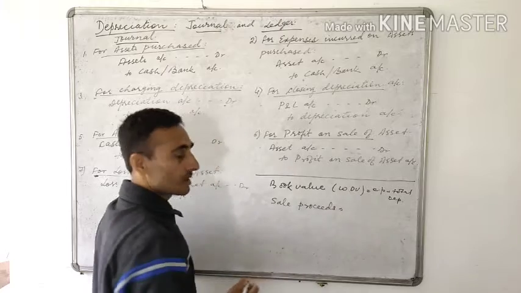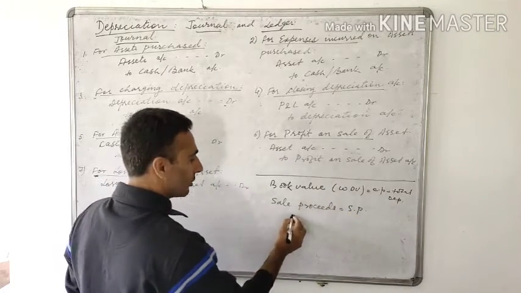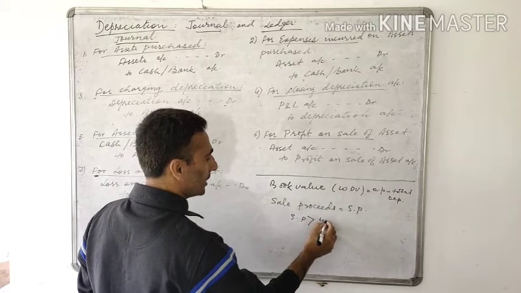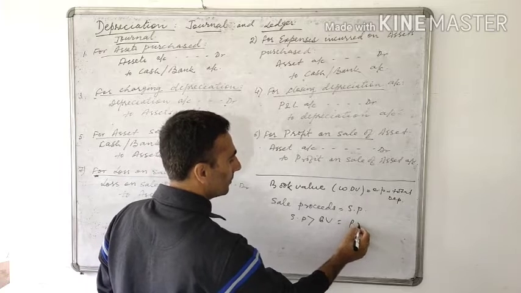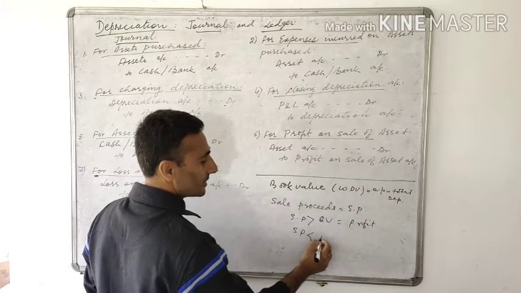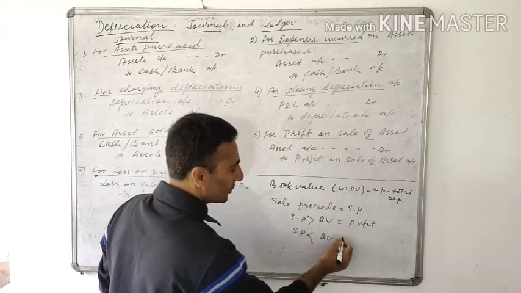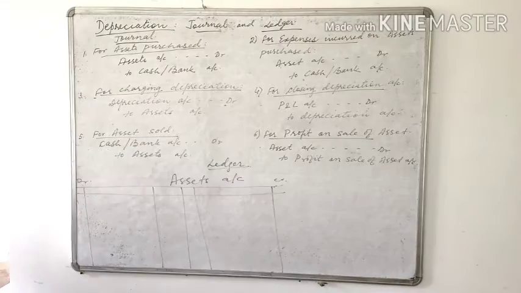Sale proceeds means the selling price. Now, if your selling price is more than your book value, then you will have profit. And if your selling price is less than the book value, then you will have loss. Right? This is how we calculate.